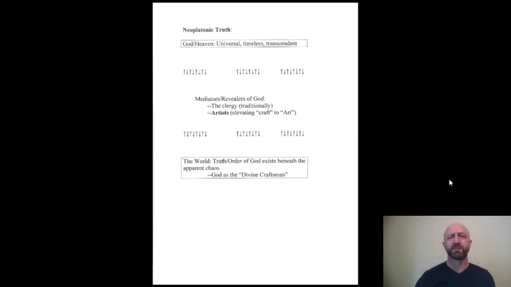Now, the place that this usually starts to make sense to students, and I want you to be able to explain this to each other, is that if you bring into this equation Christian theology, the beliefs of Christians, and you mix it together with Plato and Aristotle, you get what is known as Neoplatonism or Neoplatonic truth.